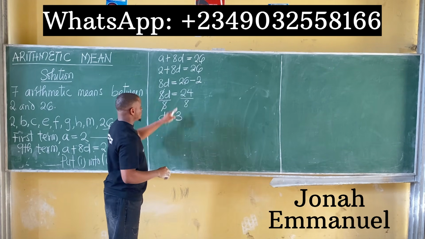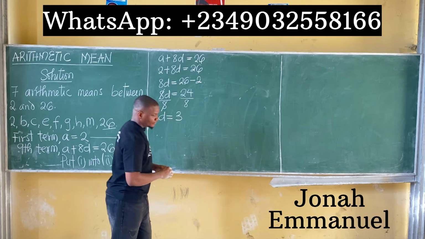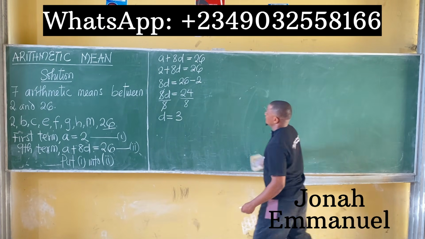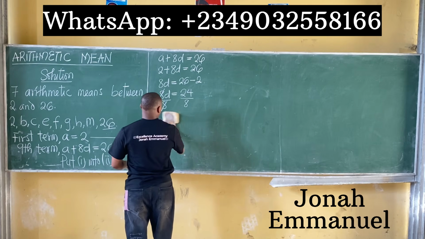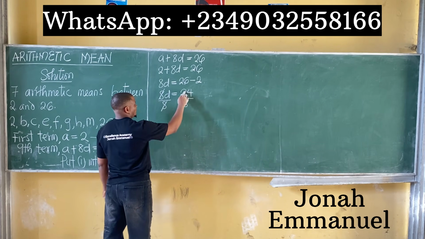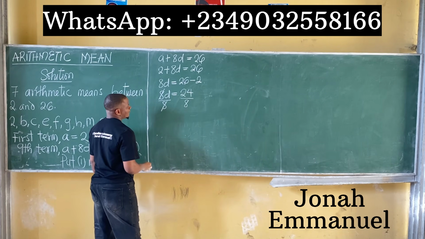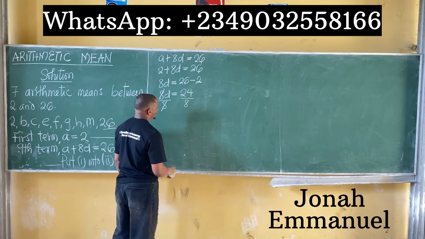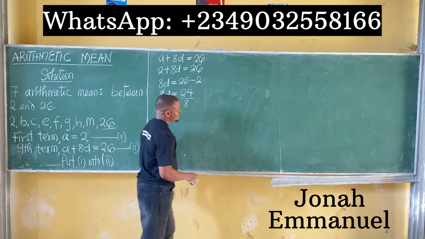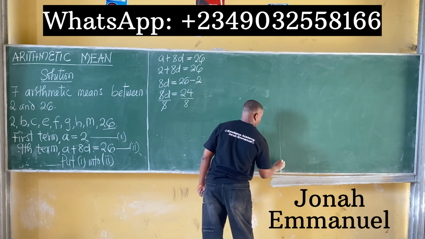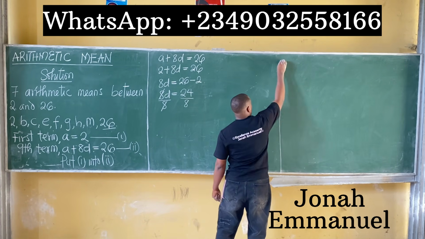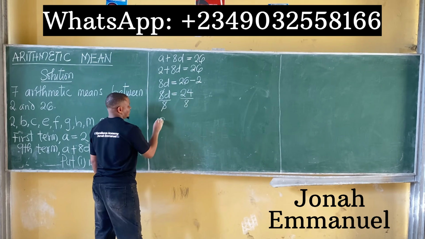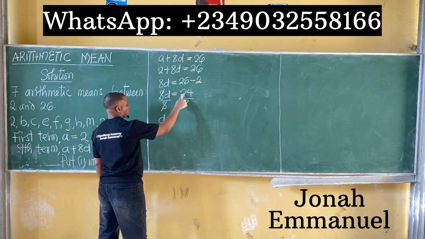All right, 24 divided by 8. So from here we'll have D is equal to 24 divided by 8.